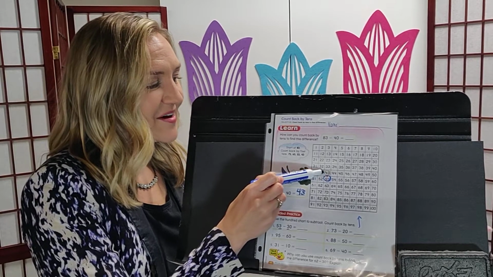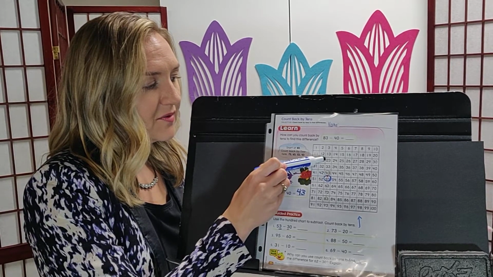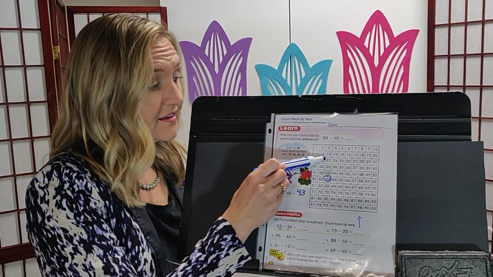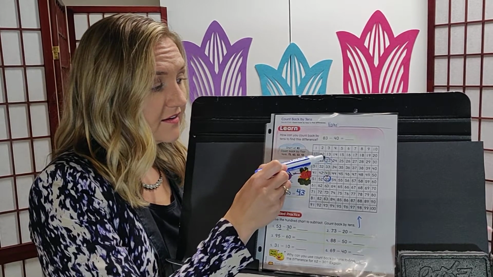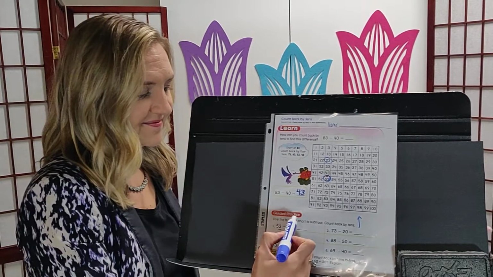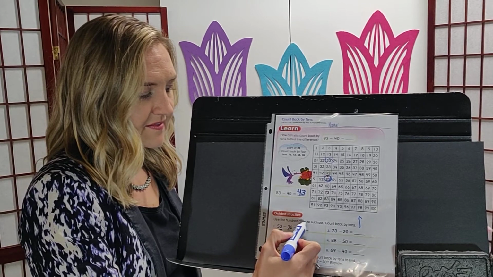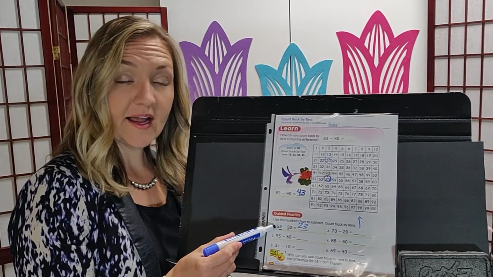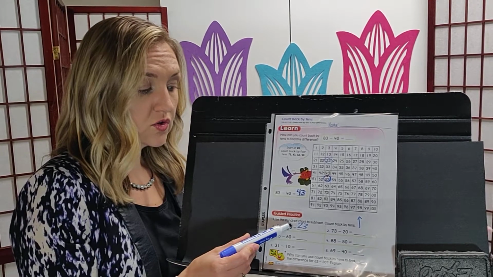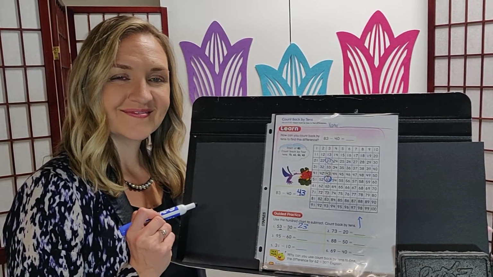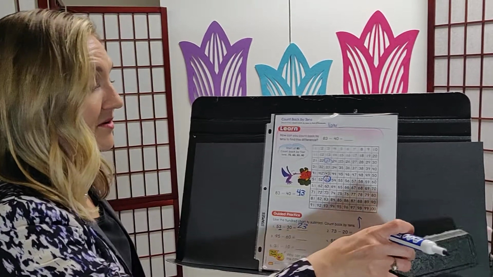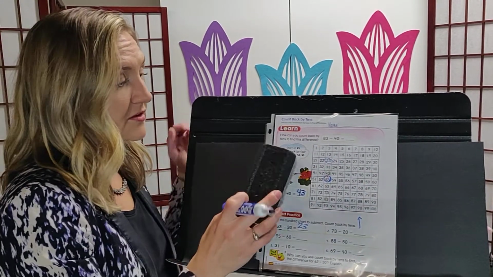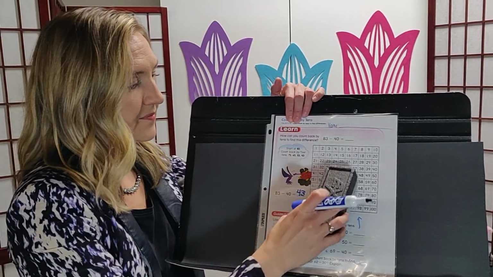Ready? Go. 1, 2, 3. Where do you land? You should land on 23. And you'll see 53 minus 30 equals 23. Let's continue. I'm going to erase each time so we don't get confused by the markings on the hundreds chart.